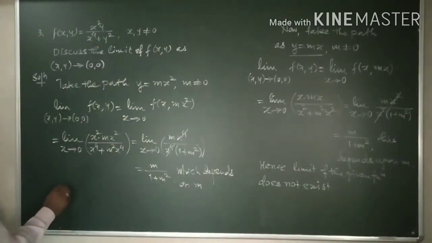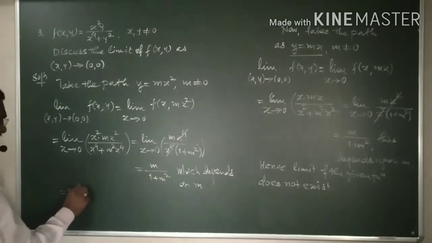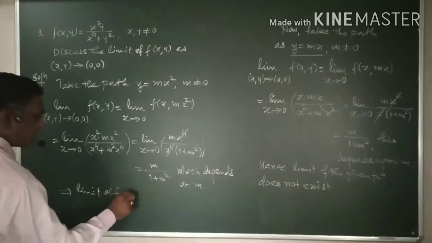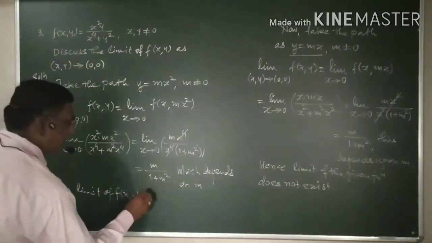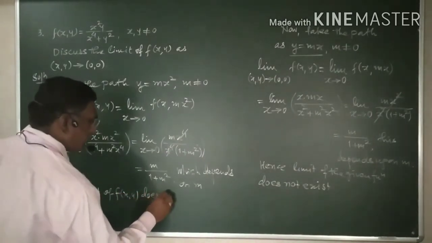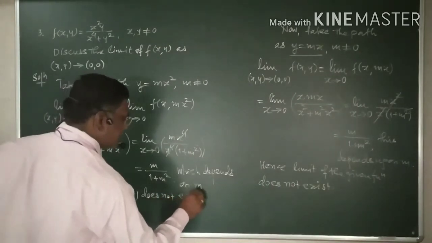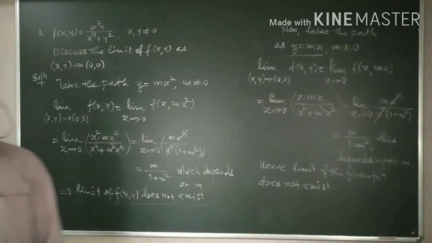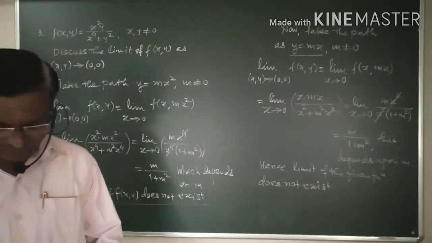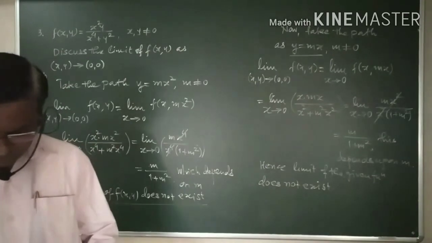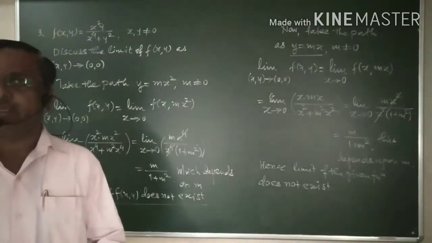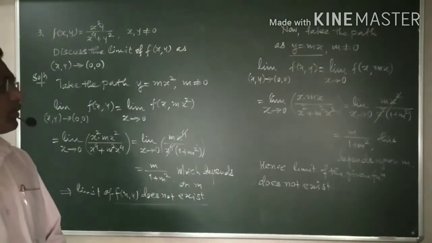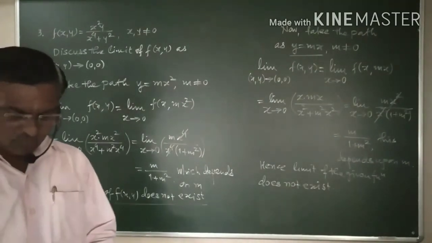Therefore, this implies the limit of f of x y does not exist. In this way, you can choose or search for different paths so that you get different limits, which depend on the slope of the line or whatever the curve may be.